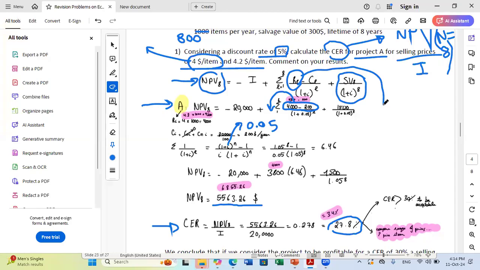Look, in general, no, because the idea is sometimes if you have a very long, in general, 30%, they put it for renewable energy projects because they have a very long lifetime. Like maybe if you have a small lifetime, let's say like here, 8 years, you might say, I can accept a lower CER.